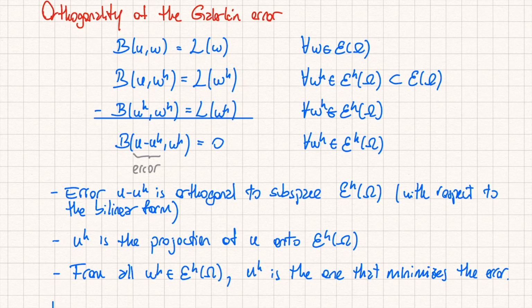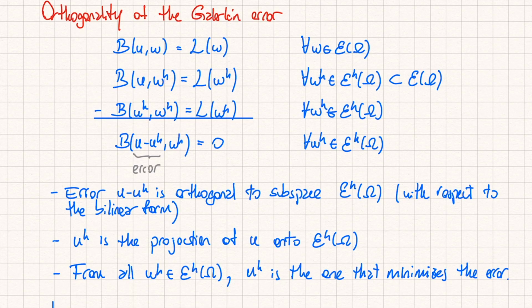So when we look at this expression, it is saying that the error of the approximation, which is U minus UH, when I account that for all the functions WH in that EH space, well, this inner product between the error and WH, in the sense of the bilinear form, is equal to 0, right?